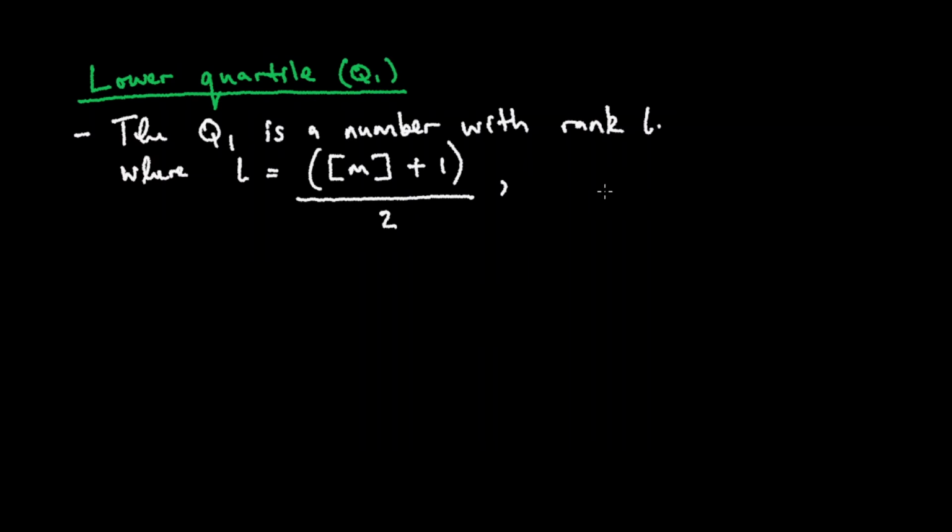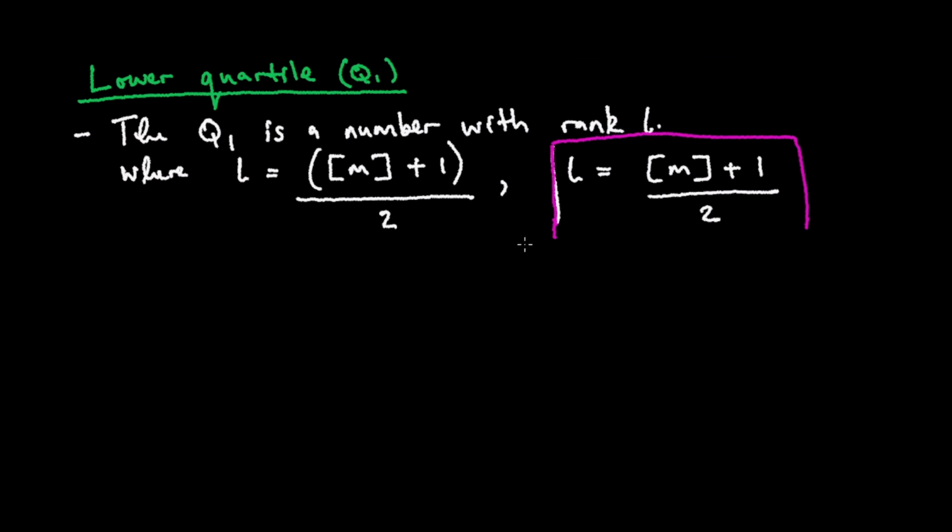So here we are saying L is equal to bracketed m plus 1 over 2. That is what we are saying. It's not difficult.